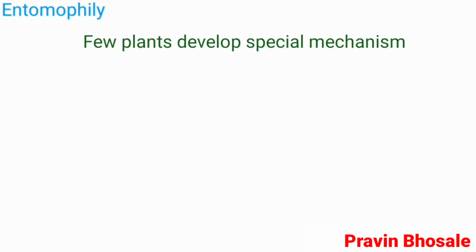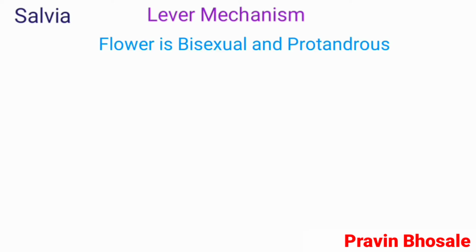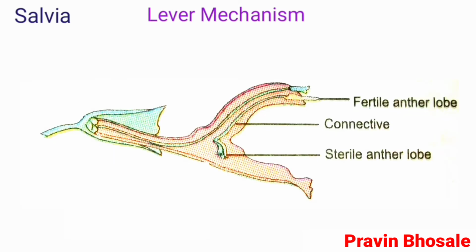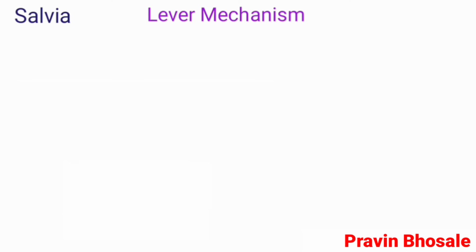A few plants develop special mechanisms to favor this process. Example, salvia has developed a lever mechanism in its flower. In salvia, the flower is bisexual and protandrous. Protandrous means androecium matures before gynoecium. The two stamens of the flower have long bifurcated connective. The upper branch of the connective bears a fertile anther lobe, while the lower has a sterile anther lobe.